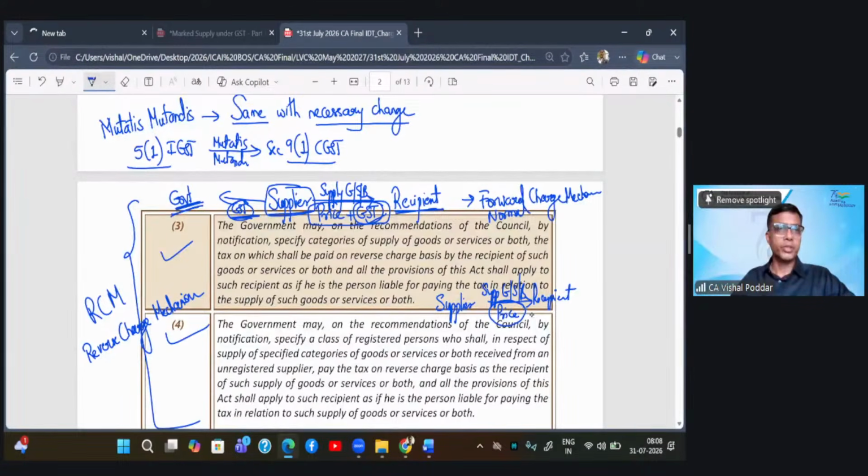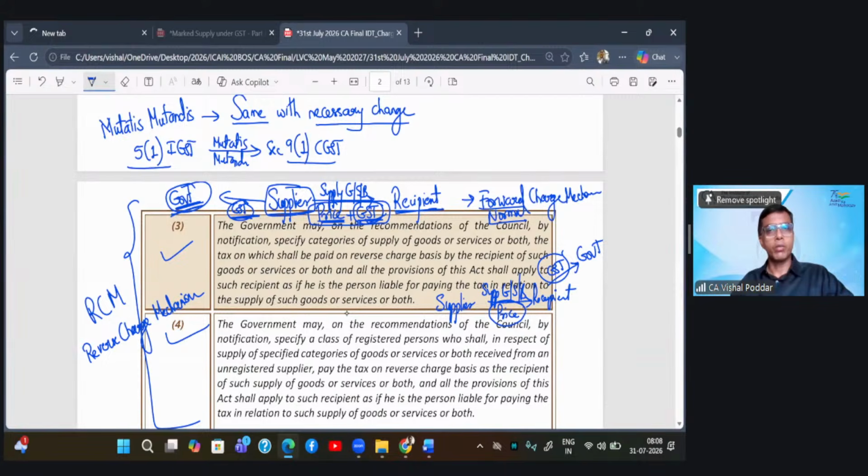So the supplier has not charged and collected the GST from you, and you will yourself go and pay this GST to the government. As you can see the difference here, the supplier along with his price also adds GST in the price, so the supplier is collecting the GST from you, and this GST the supplier is going and paying to the government. This is the normal method. So let us call it the normal charge or forward charge mechanism.